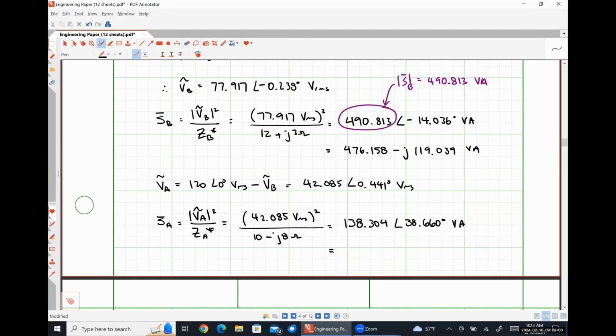And in rectangular form, that looks like 107.998 plus J86.398 volt amperes. And I'm looking for average power. So which number is it? The real part, so 107.998.